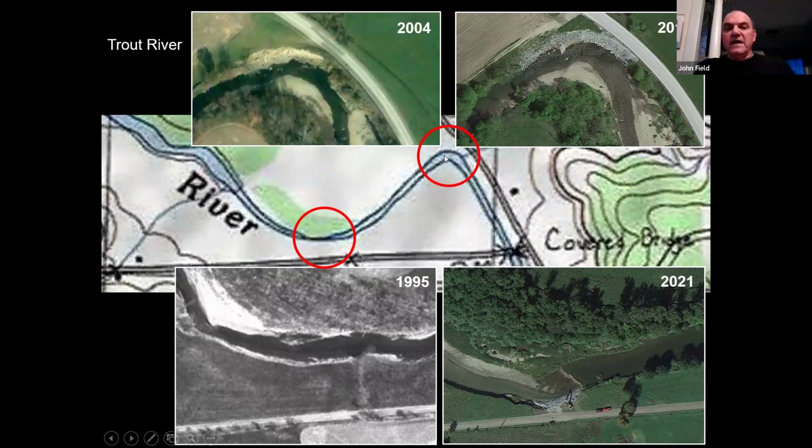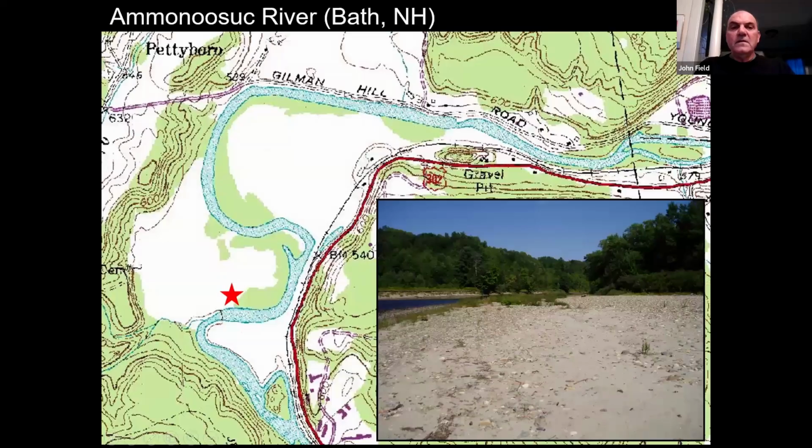Upstream here, just below the Longley Covered Bridge, I think is the name, you can see that sharp bend was a high eroding bank, which eventually was armored as that erosion, I guess, approached the road. That's one type of fast change where rivers tend to be dynamic.